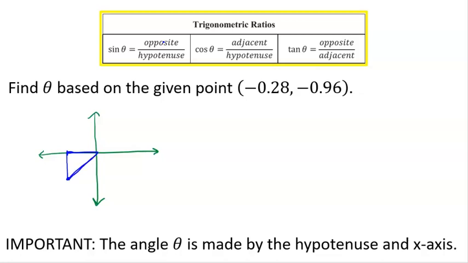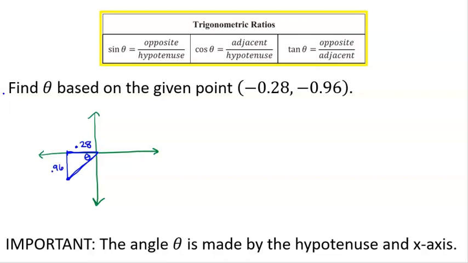And I put a little note down here at the bottom. Angle theta is made by using the hypotenuse and your x-axis. So now this becomes theta. Okay? And so when I'm thinking about how much I went down, I went 0.96. And then when I think about how much I went to the left, I went 0.28.